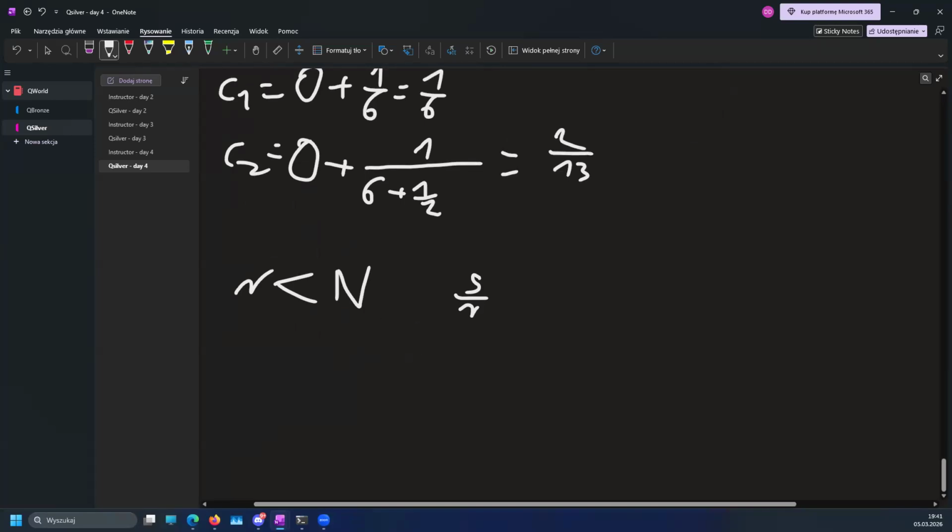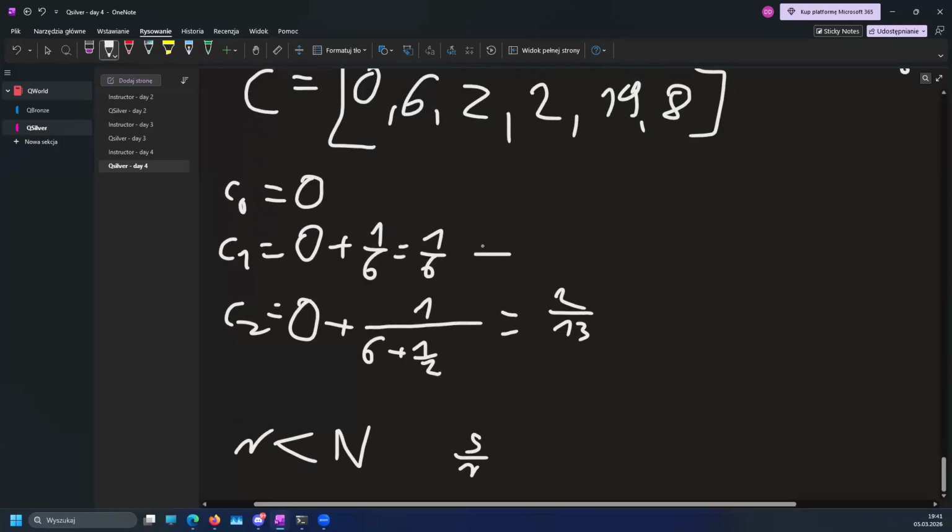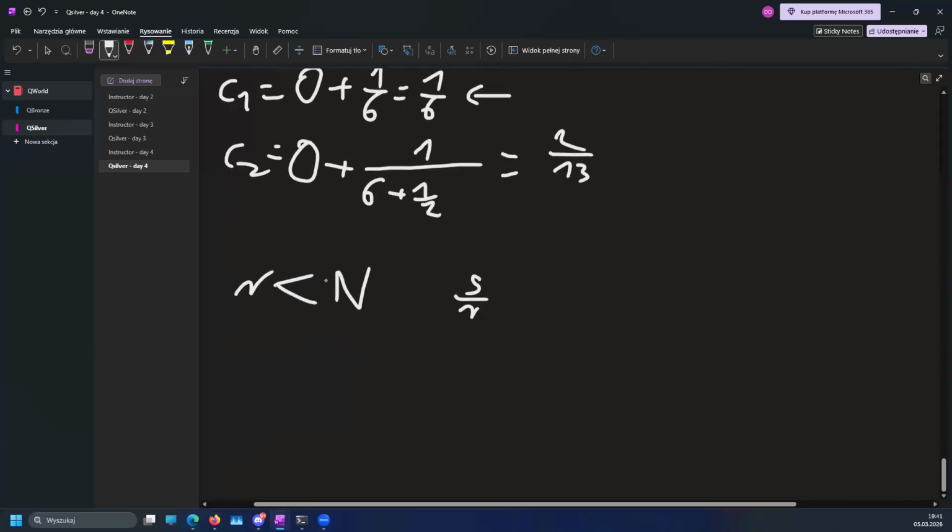So if we know N, which is our public key, then we need to choose such an R that is smaller than N. So let's say that we guess that we will pick this convergent, C1.